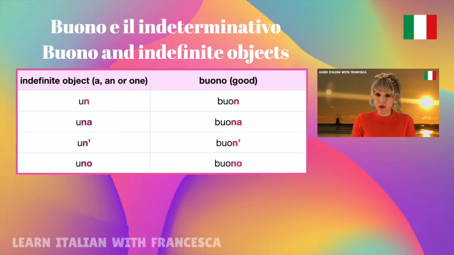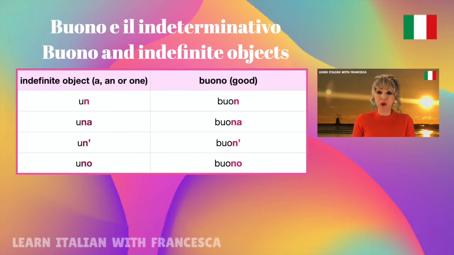The second column shows the equivalent of the buono adjective. Notice how the final part looks exactly the same. When using buono in the plural, it takes the regular plural endings, I and E. So, buoni for plural masculine and buone for plural feminine.